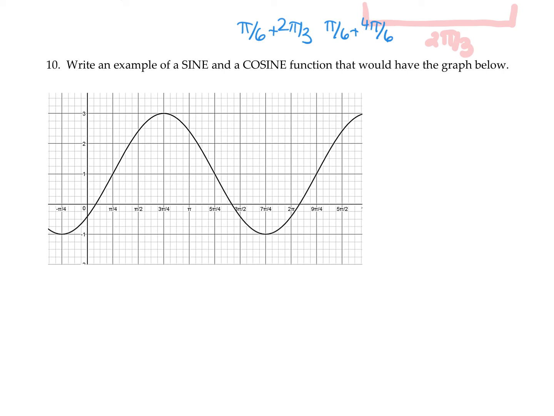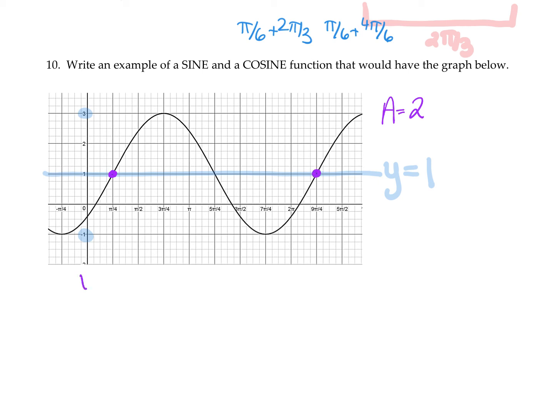Now, first I have to find the middle. So let's look. My maximum is at 3, and my minimum is at -1. So the middle of that would be at 1. So that's my sinusoidal axis, which means my amplitude is 2. Now, to find a starting point for the cycle, I could say my sine cycle starts here and ends here.